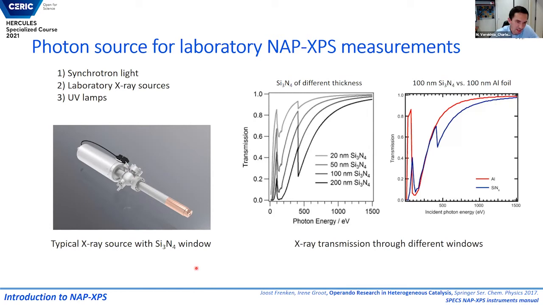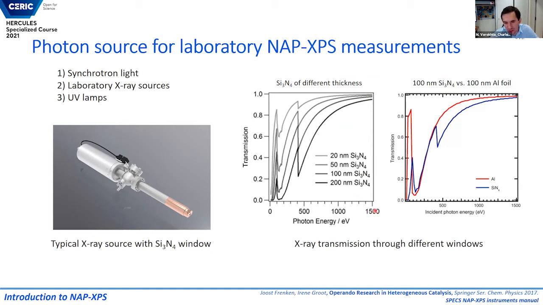Usually the X-ray source might have its own differential pumping. And it can have a small aperture which protects the X-ray source from the entering of gas. Usually these are silicon nitride windows, which are quite transparent for photons with high energy.